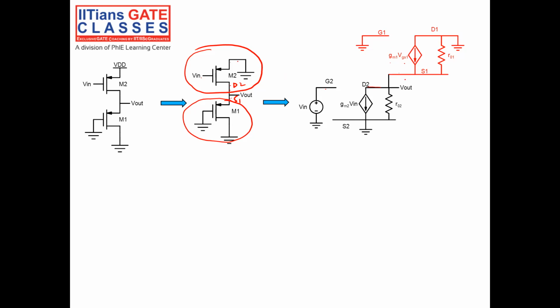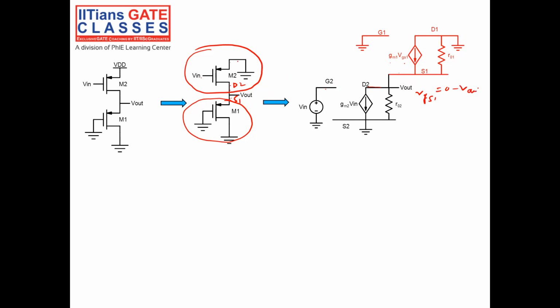Now you see for this transistor M1, what is VGS1? VGS1 is equal to VG, which is ground 0, minus VS. VS is nothing but V out.